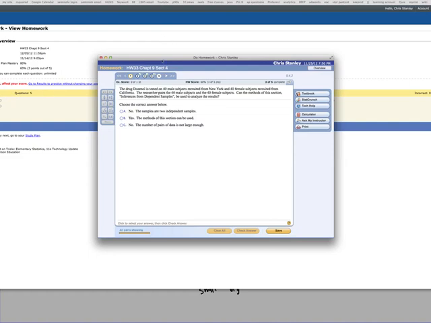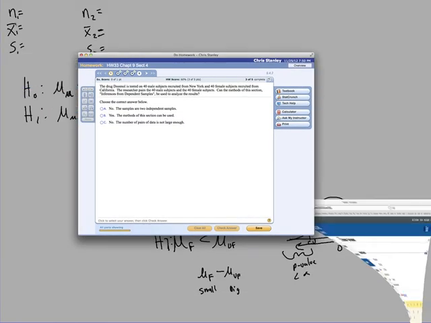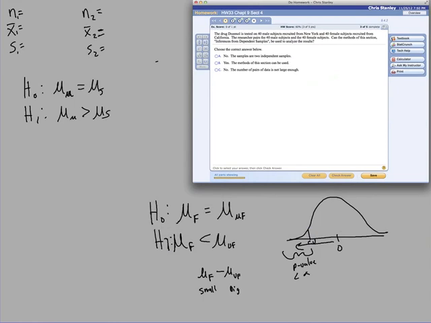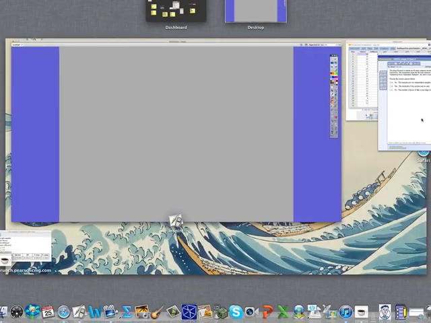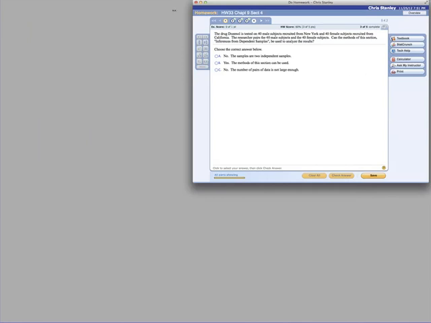Okay, so dependent samples, this is what I kind of meant when I was talking earlier about independent versus dependent. Let's get this to stay up.